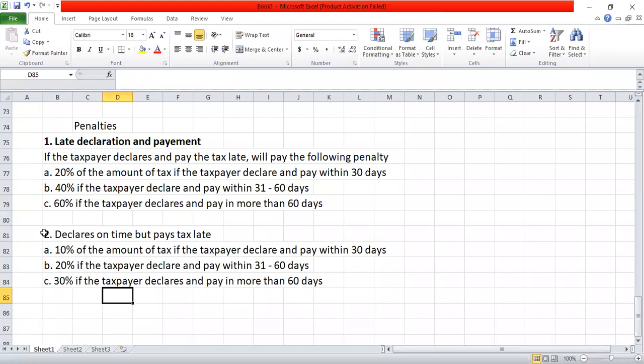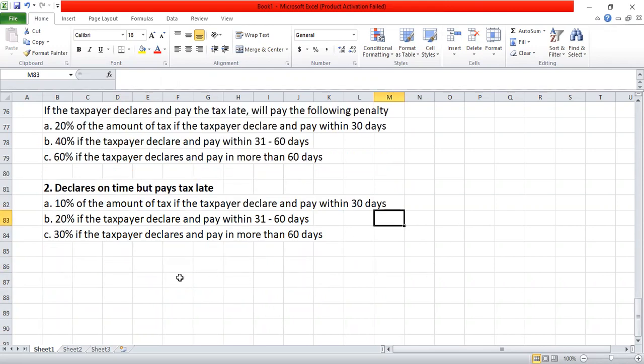So this is the case of declares on time and then pays tax late.